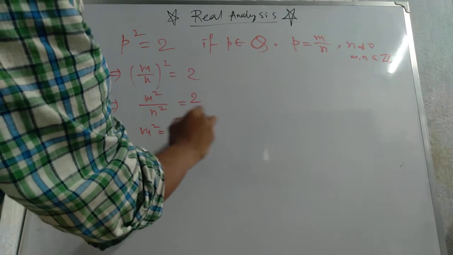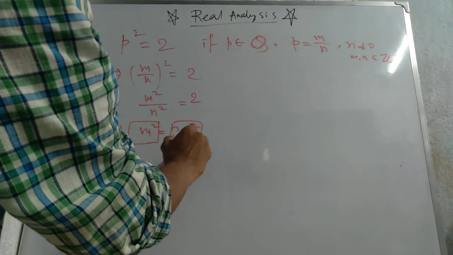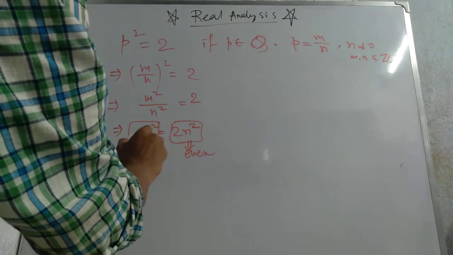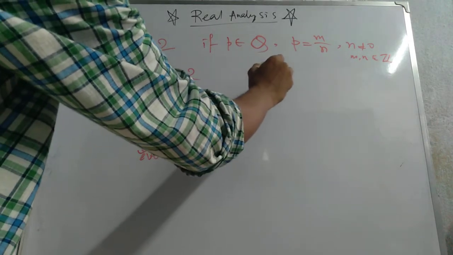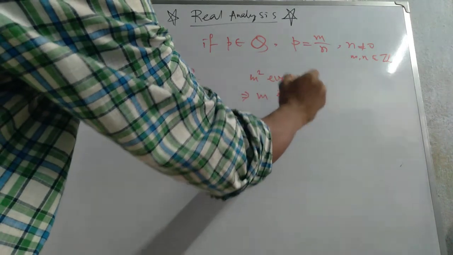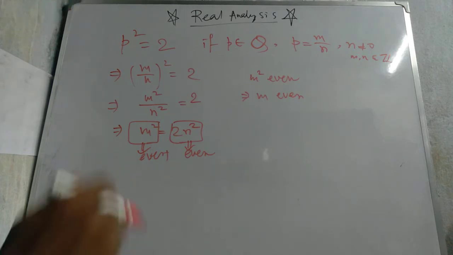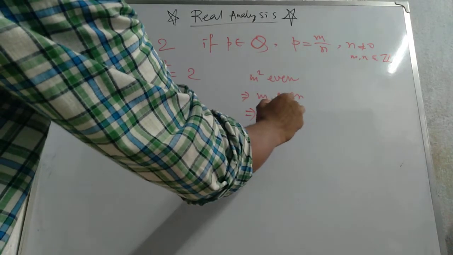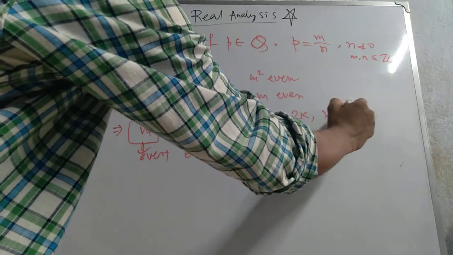That means m square is even, and we know that m square is even means m is even. Then m equals 2k, where k belongs to Z.